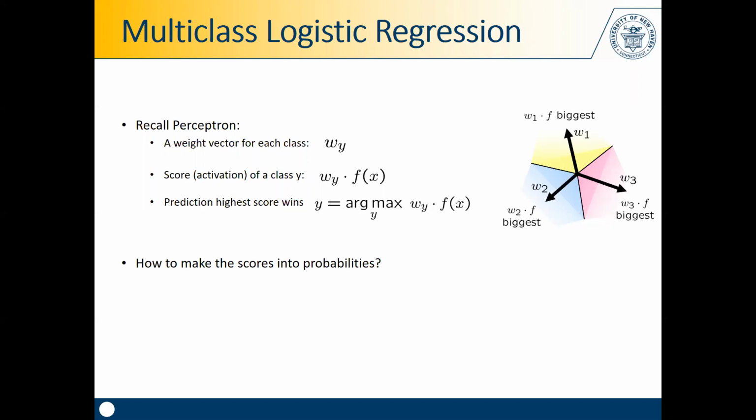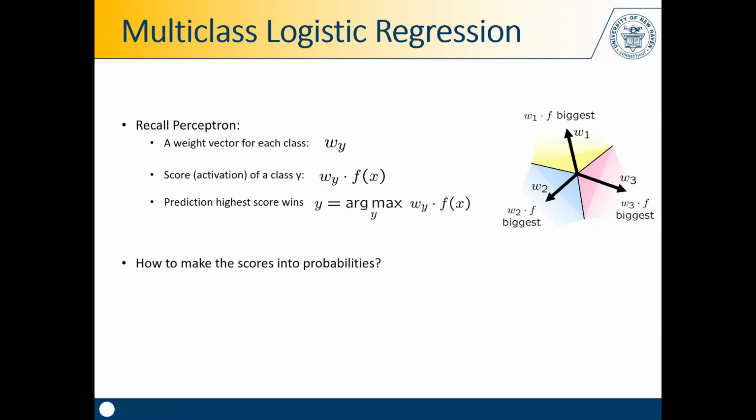Now, how can we make scores into probabilities? If we want to adopt the same approach in logistic regression, somehow we need to convert these scores into probabilities to be able to use the logistic regression concept here. How can we do this?